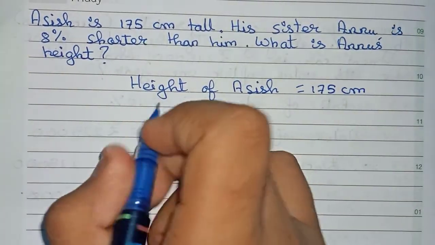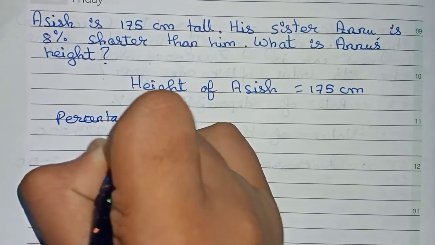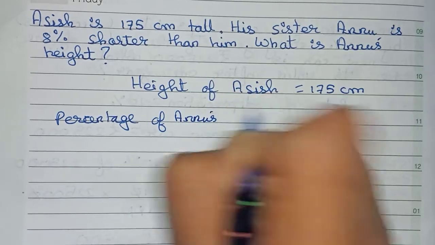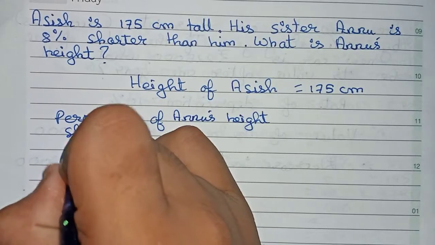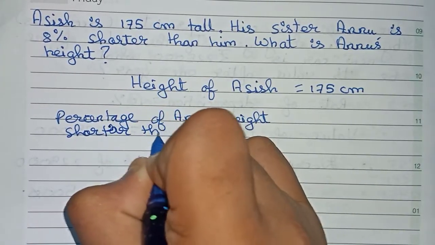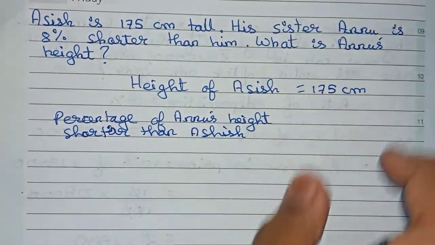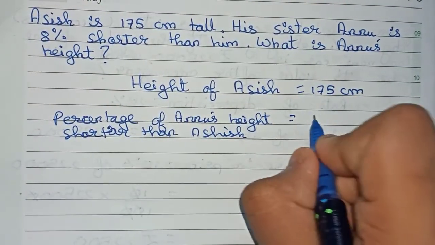Now we write the percentage of Annu's height shorter than Ashish. That means by what percentage she is shorter than her brother. It is given 8%.